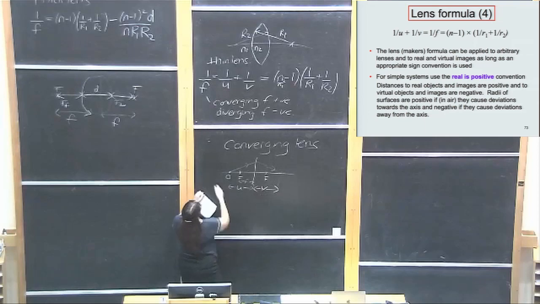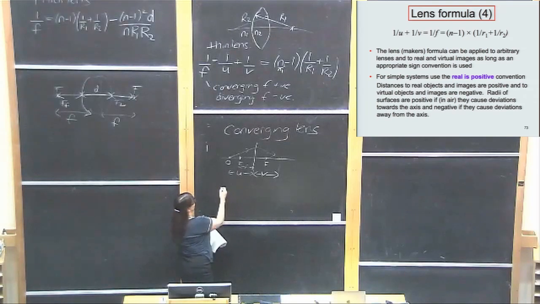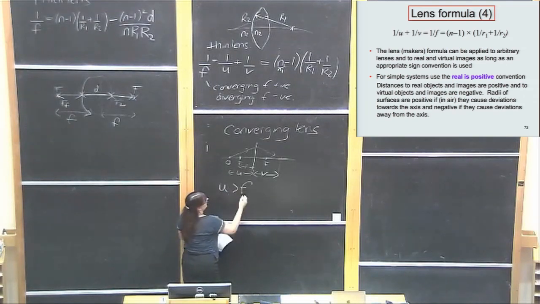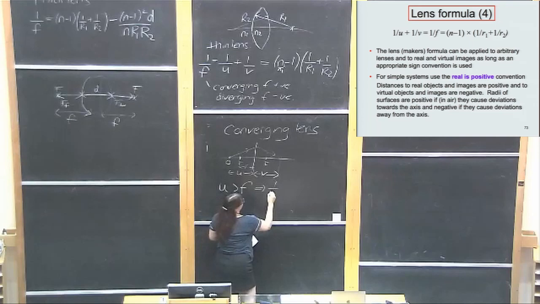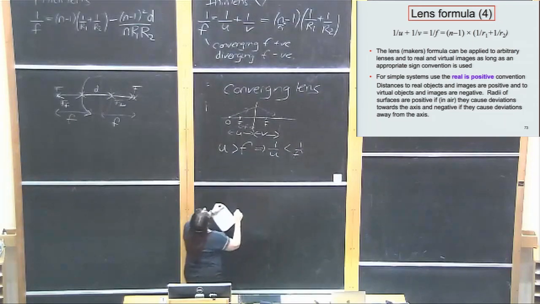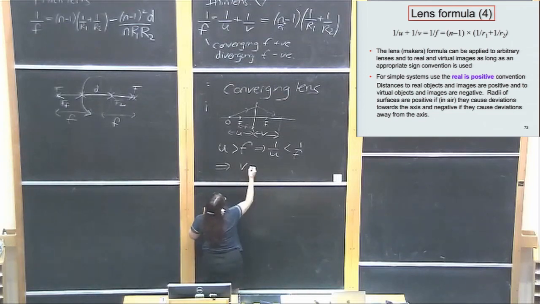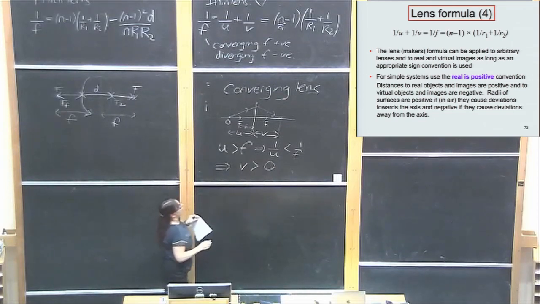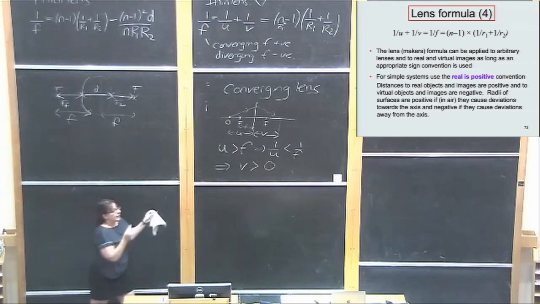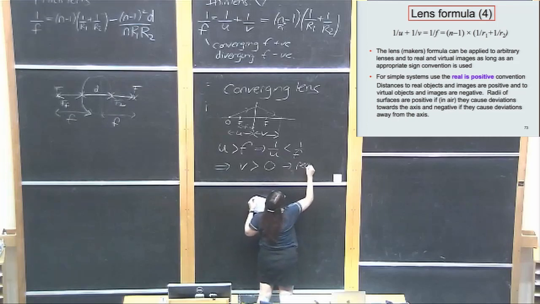In this case, we've got a real object, and u is positive, and u is greater than f. Which of course implies that 1 over u is less than 1 over f. So if we look up at the formula there, that implies that v is greater than 0, i.e. that is indicating in the realist positive convention that we have a real image.